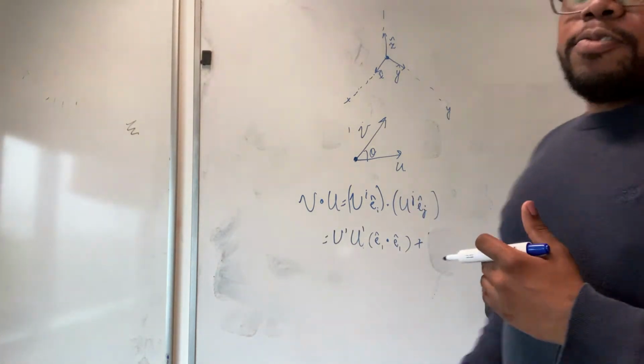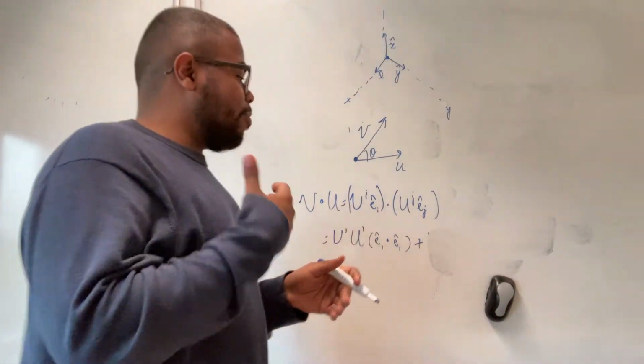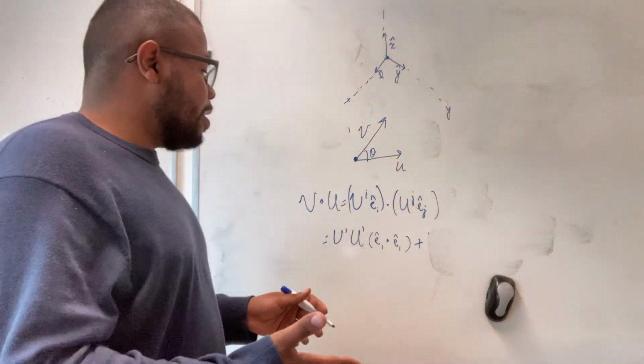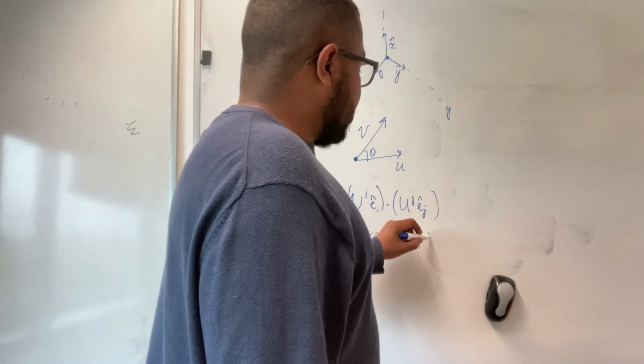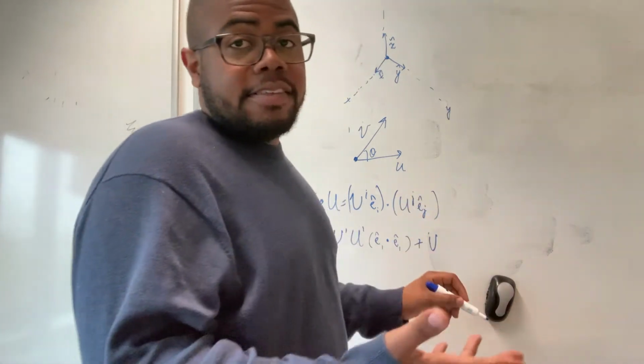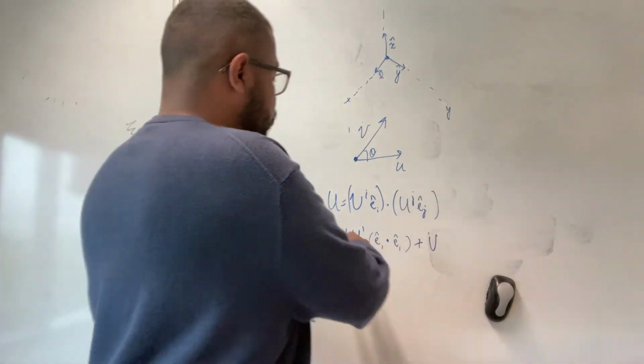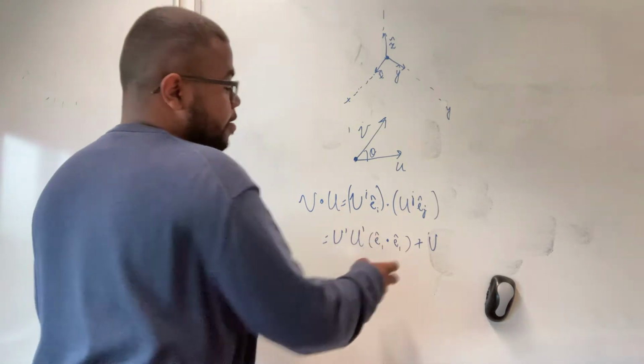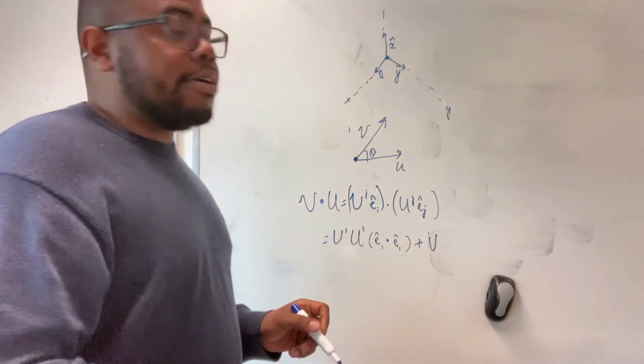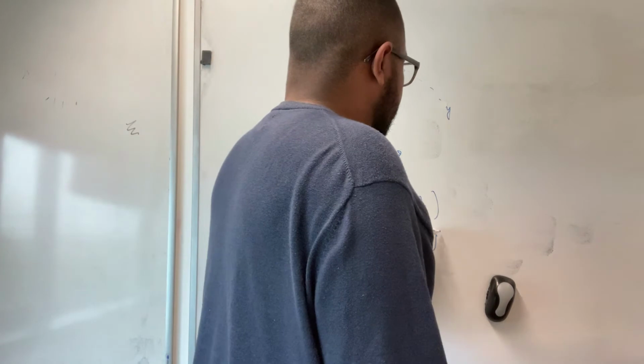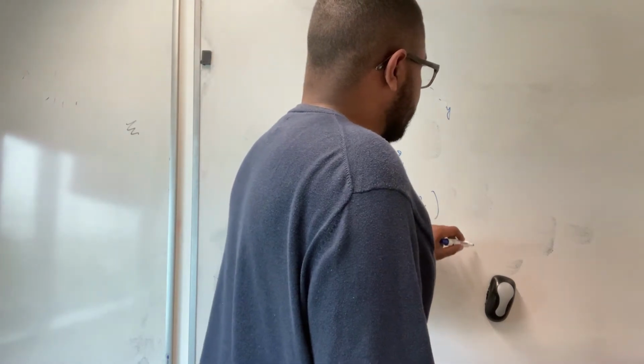I will not do this for every one of the terms because it's quite a long expression. But what you will see at the end is that the only terms that stay here are the ones where the numbers are similar, where i and j are the same. So V2 U2.